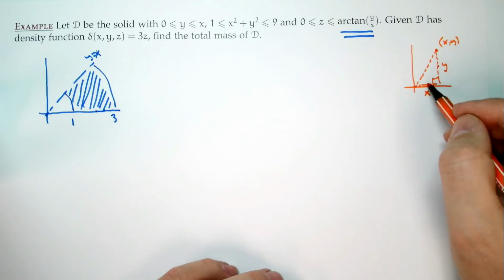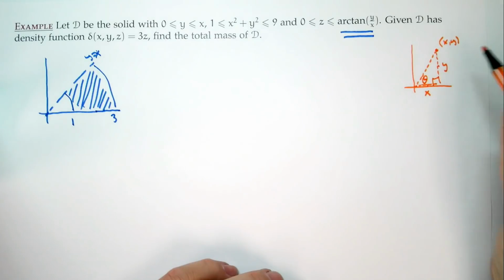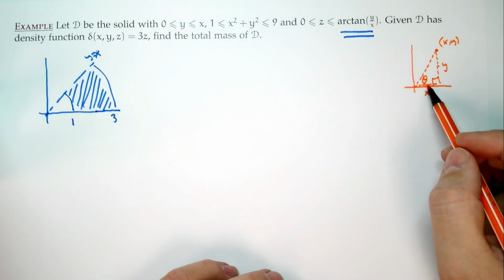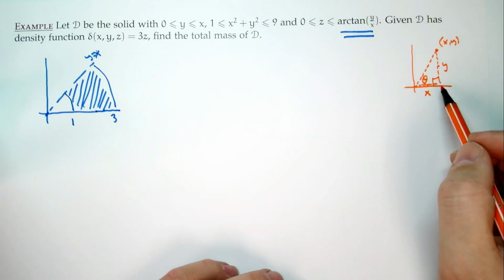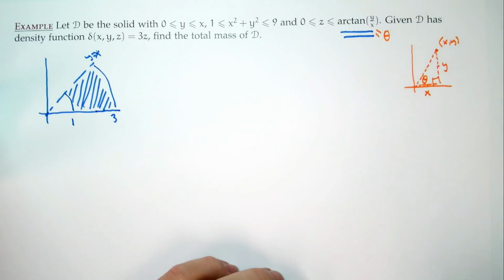So y over x, that would be the angle opposite this one. Let's call it theta for a second. So tangent of theta is y over x. So really, arc tangent y over x is giving us our angle theta. So what happens is, as theta changes, we increase what z can be.